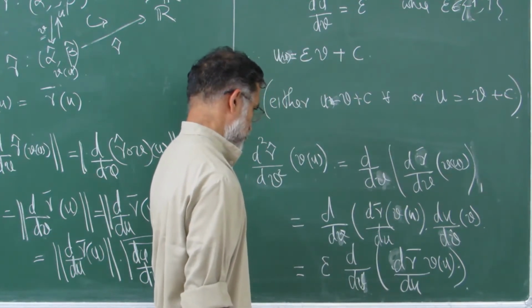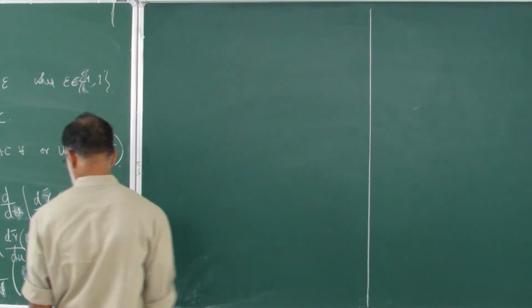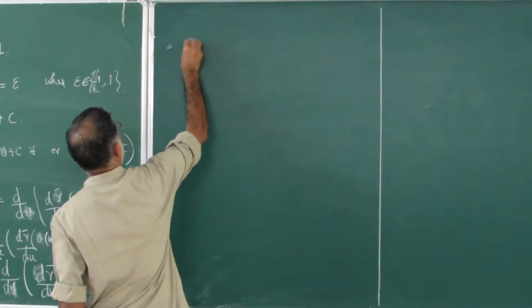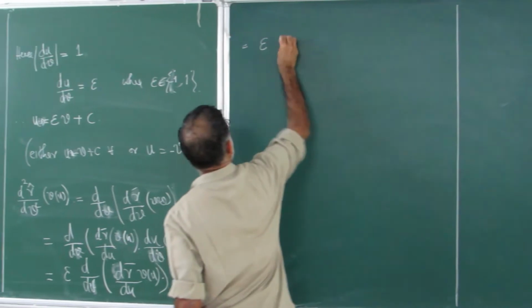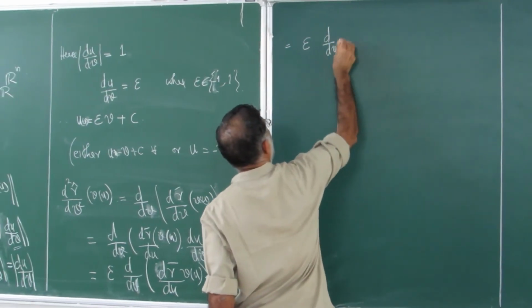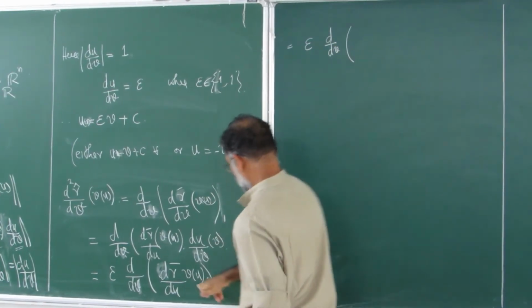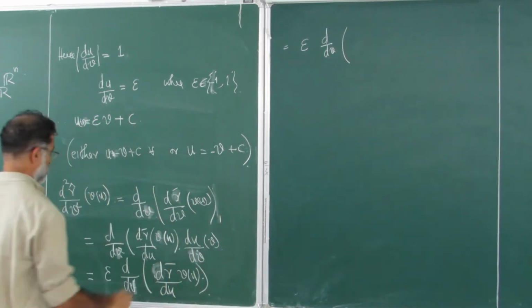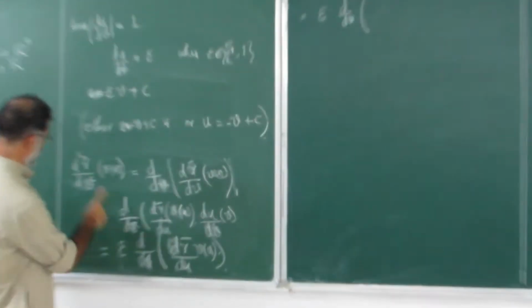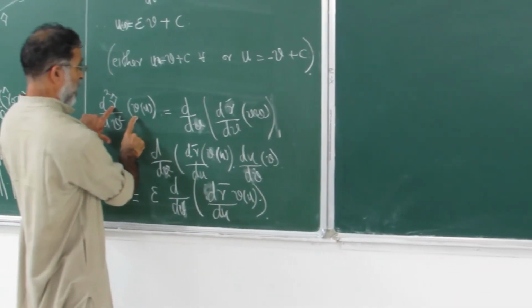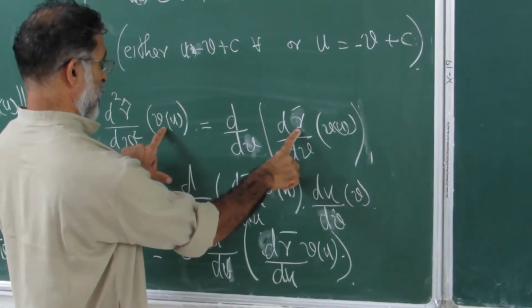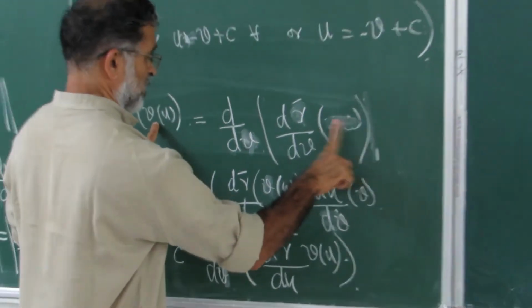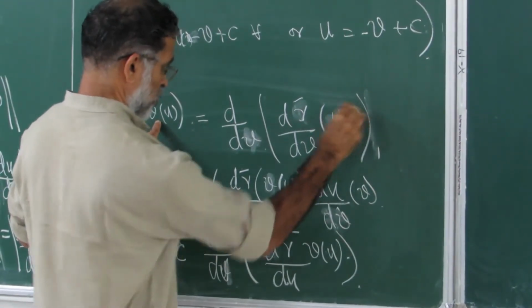Okay, so let's write, this is equal to epsilon d by dv. Let's look at this. This is gamma bar. So gamma cap composite B is gamma bar. So this is gamma bar at u.